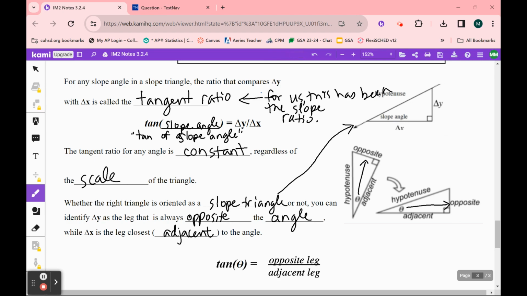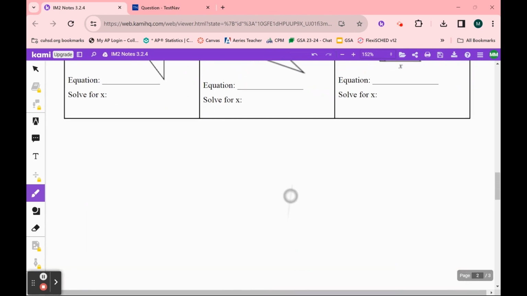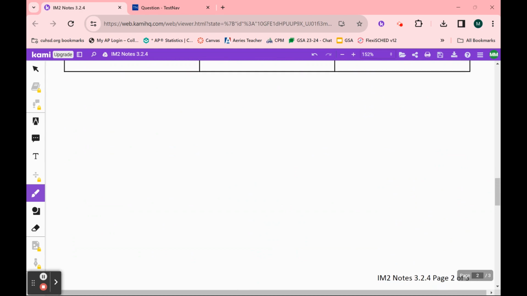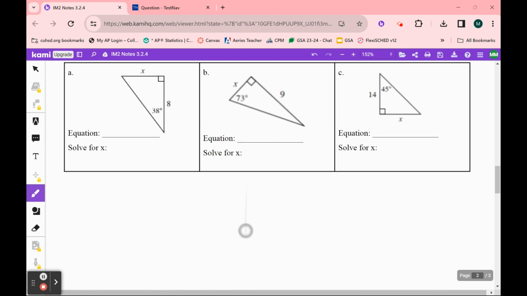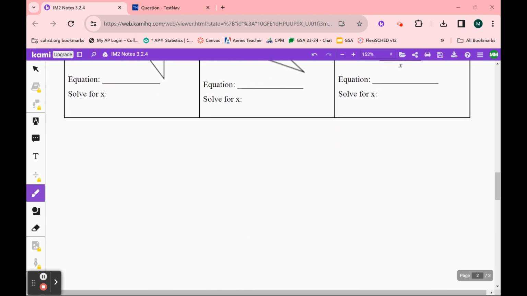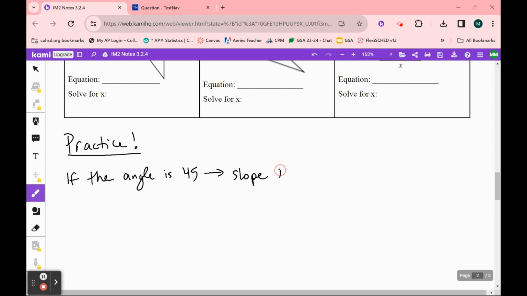Let's do some practice. So right here, I'm going to draw a couple of practice problems. I'm on page 2 of our notes, and we're just adding some handwritten practice. First of all, if the angle is 45, then the slope is 1.